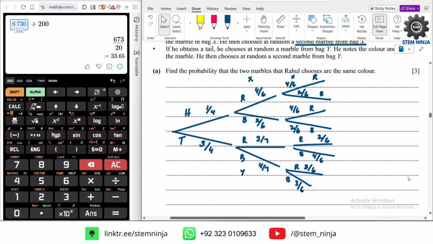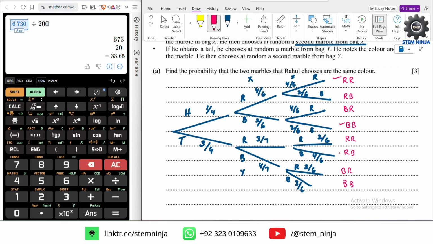Right, okay. We need the same color. So this is our R, this is our B, this is BR, this is BB, RR, RB, BR, and BB. So how many times do we have the same color? RR, BB, RR, BB. Now we need the probabilities for these. So let's choose a different color for this.